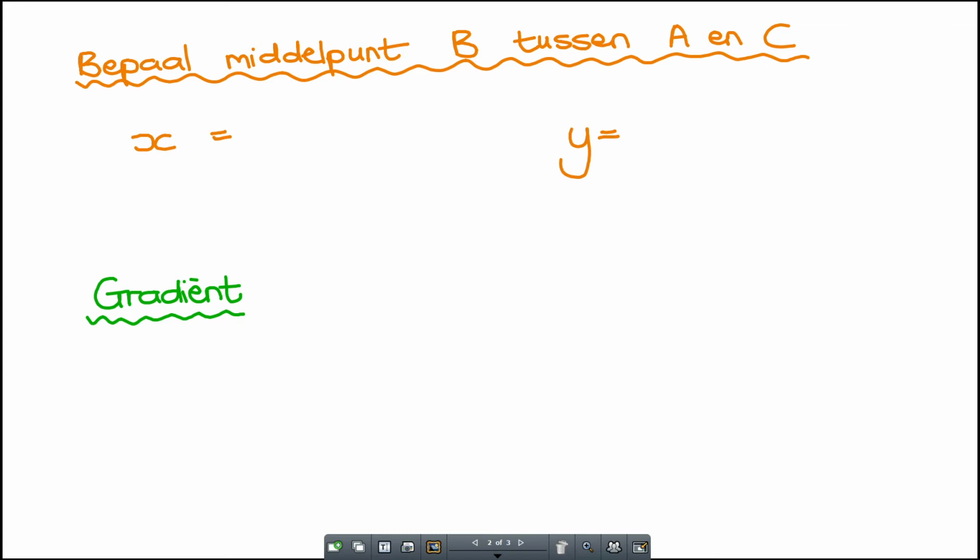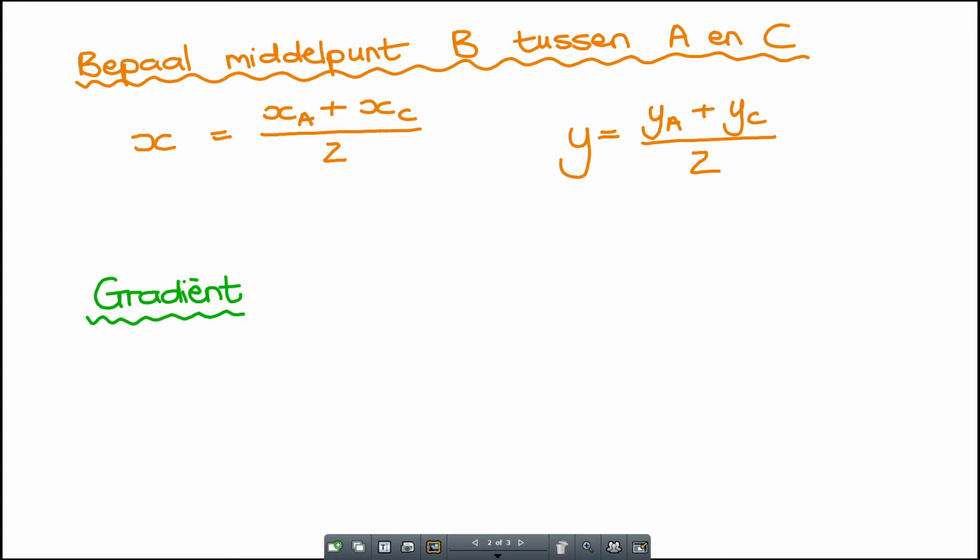Okay, so a middle punt is I'm going to add together the x value of A plus the x value of C. En daai totaal gaan ek sê gedeel deur 2 to get the middle of it. Okay. Then at the y, or to get the y value, I'm going to use the same method. Get the y value of A and add to that the y value of C. En dan daai totaal gedeel deur 2.